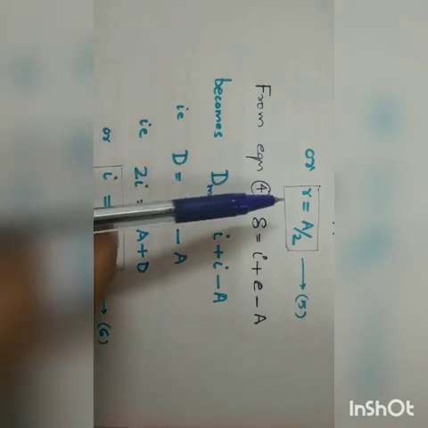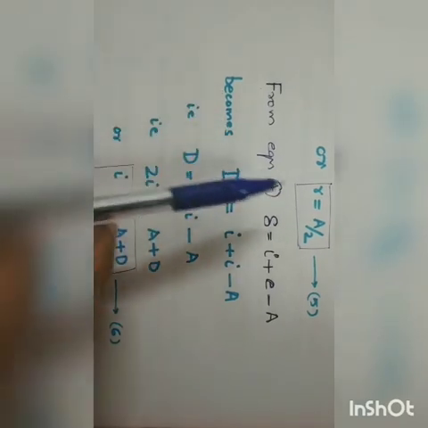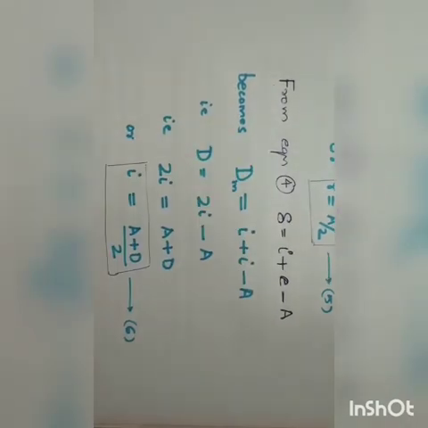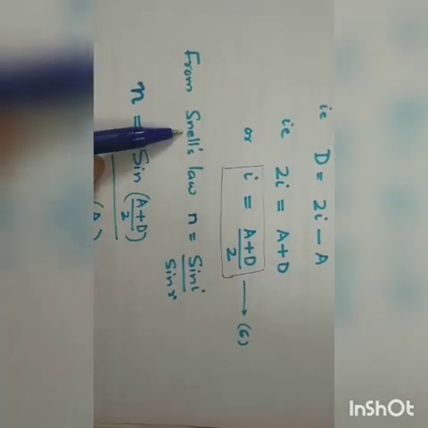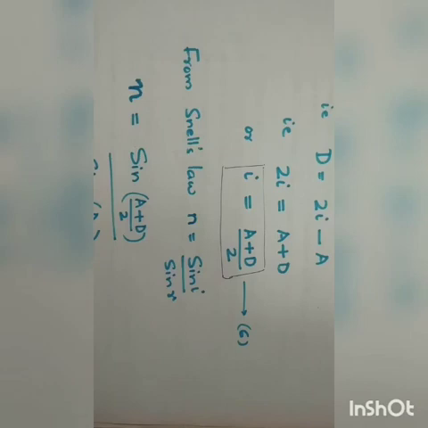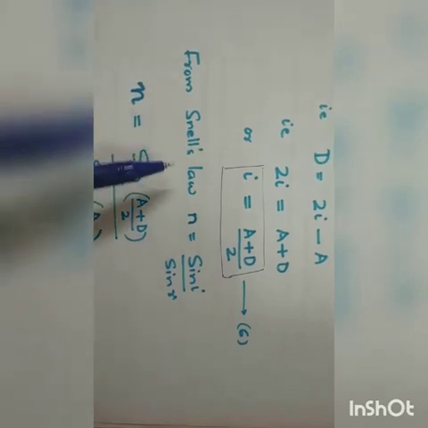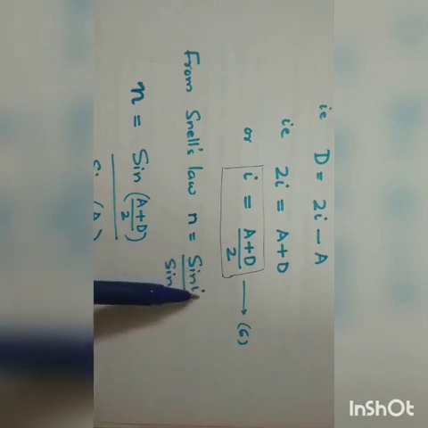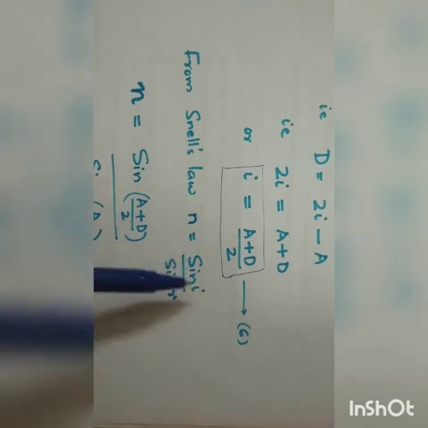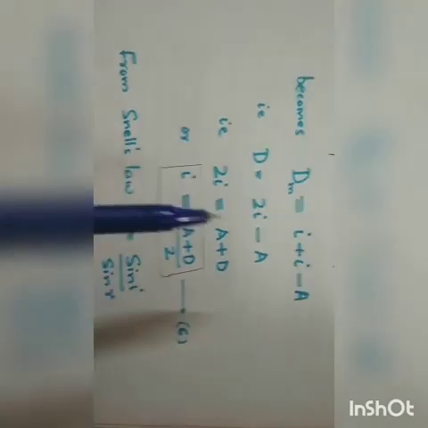I have put the two in a box. So we have got R and we have got I. Once we have I and R, we already know Snell's law, the second law of refraction. Snell's law, N is equal to sin I by sin R. In this equation we are going to substitute the values of I and R. What is I? A plus D by 2. What is R?